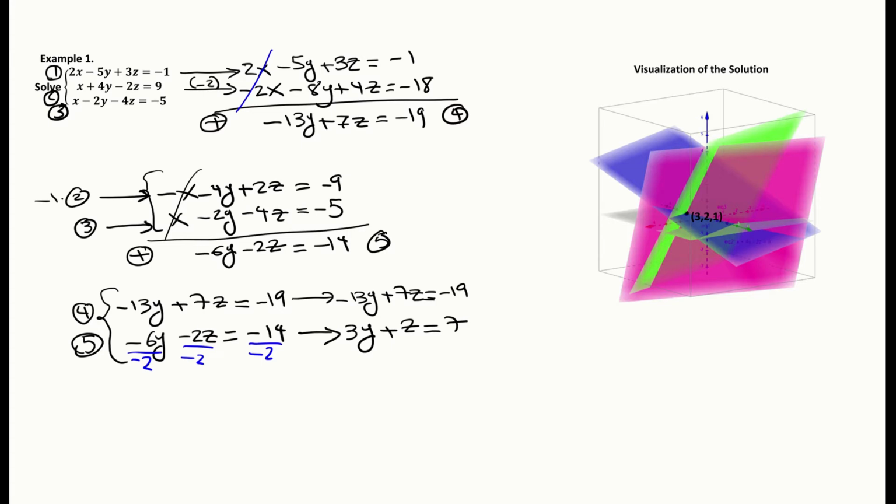So now in order to eliminate z, all we have to do is multiply the first equation by negative 7. So we'll leave the bottom equation alone.